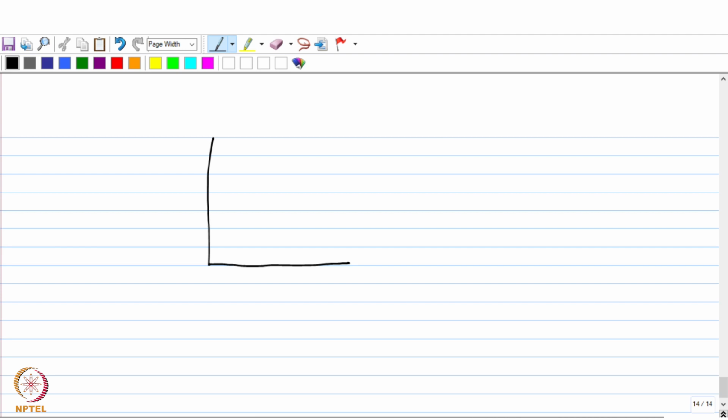Okay, and after every time interval you can cool down the metal, and then you characterize it to see the microstructure, and from that you can determine what percent of recrystallization has been completed in that particular time. Okay, so if you do so, you can generate a plot like this between the percent recrystallization and time.